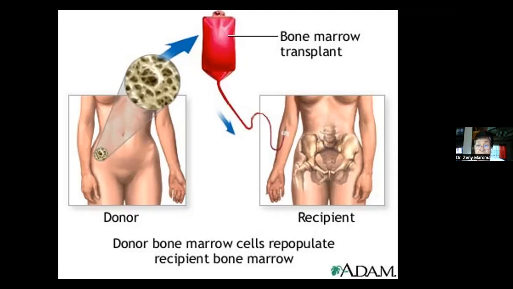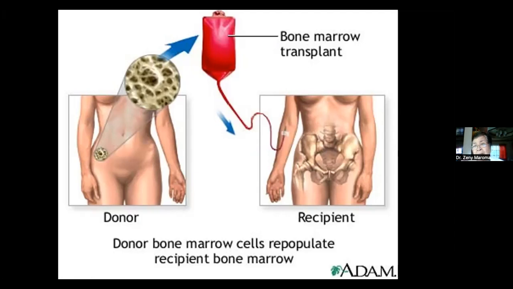So we have to prepare the patient. The patient receives chemotherapy or radiotherapy to prepare for the new cells which will be given to her. And the patient receives the donor cells in an IV.